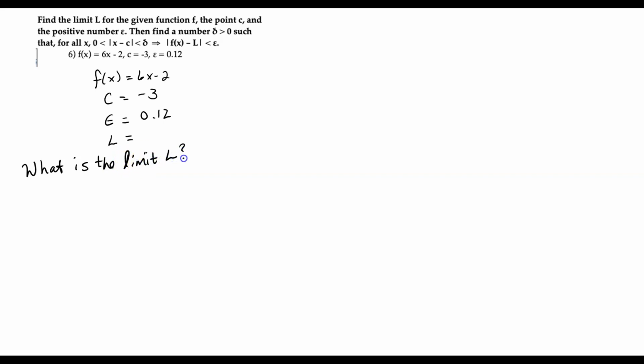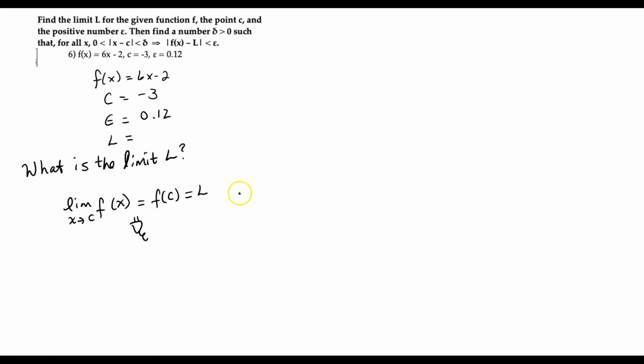L. Well, we know that this right here, it's a linear function. It's classified under that polynomial family. So in this case, then, the limit as x approaches some number c of some function f of x is simply f of c. That's what the limit is. What does that say? That we can just plug in.